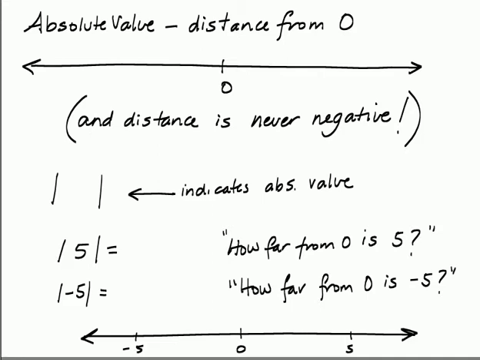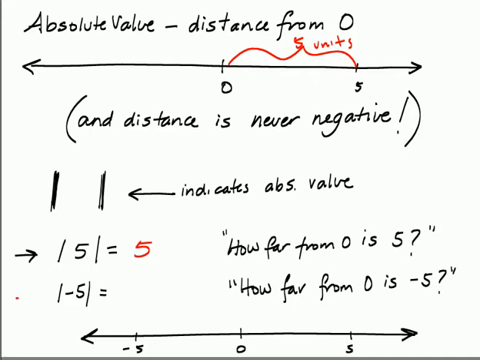Okay, so like I said, the straight up and down lines indicate absolute value. So if we are asking something like the next problem here, the absolute value of 5, that's saying how far away from zero is 5. So here's 5. How many units is that away from zero? Well, it's 5 units away.